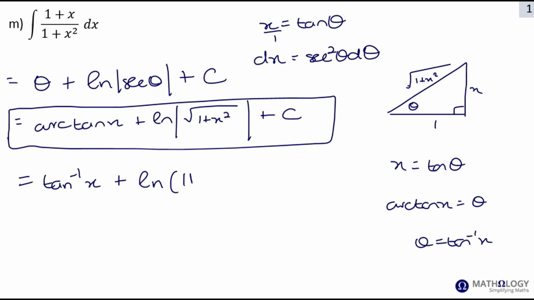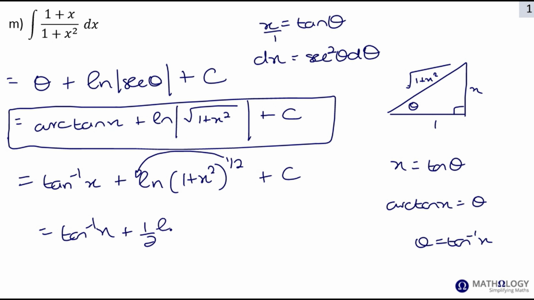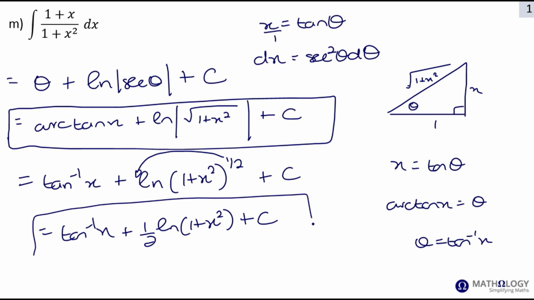So we have 1 plus x squared, and the square root of that was taking 1 plus x squared and raising it to the power of a half. So we can then bring the half by log laws to the front of that. So it's a half ln 1 plus x squared plus c. So this is an alternative answer.